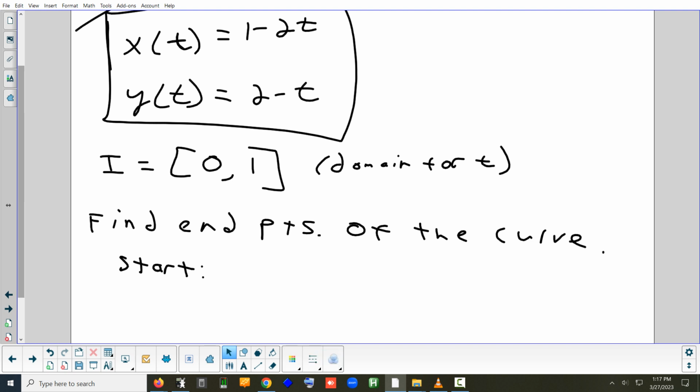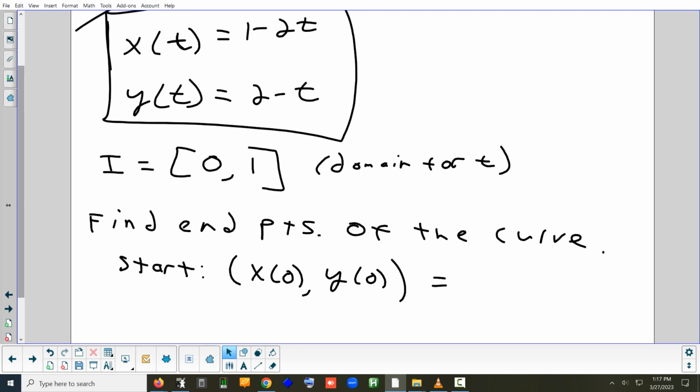Okay. What value is going to control where this graph starts? Yep, the 0. So you need to plug the 0 into both formulas. Plug it into the x formula and the y formula.